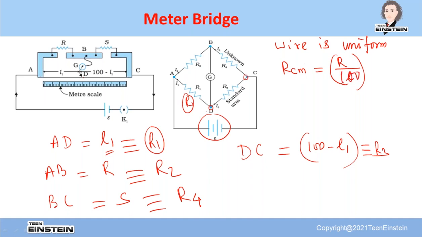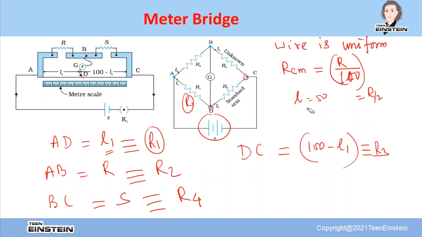So if I know that your AD arm is at 50 centimeter, what will be the resistance? Your resistance will be RCM into 50, that means R by 2. If you know the total resistance of the wire, then you can find out the resistance for each and every length of the wire.